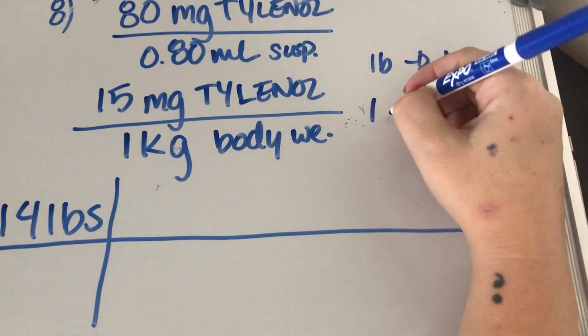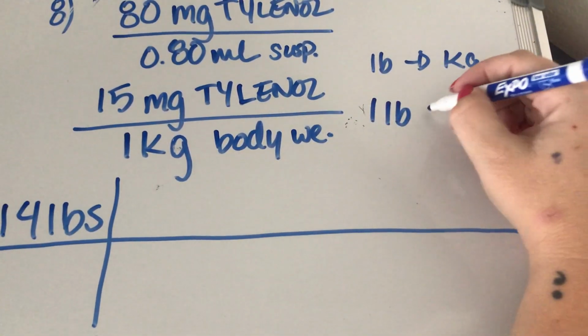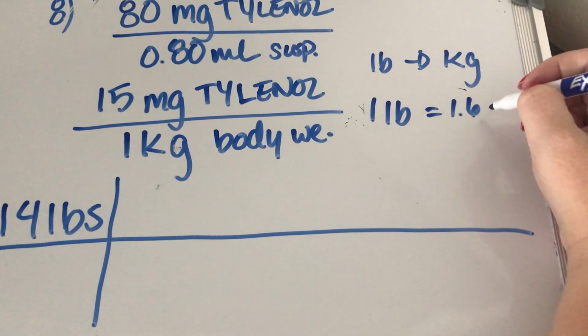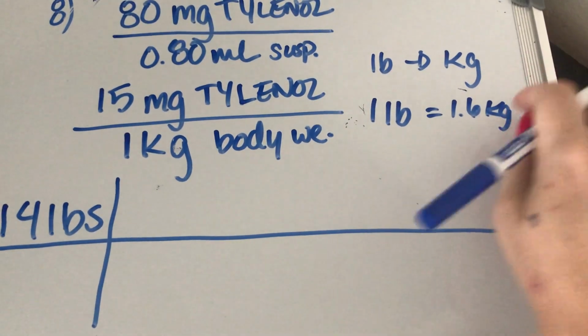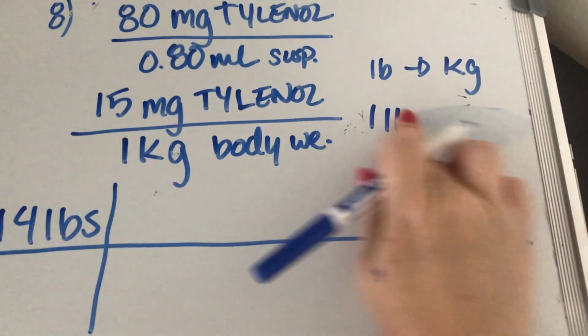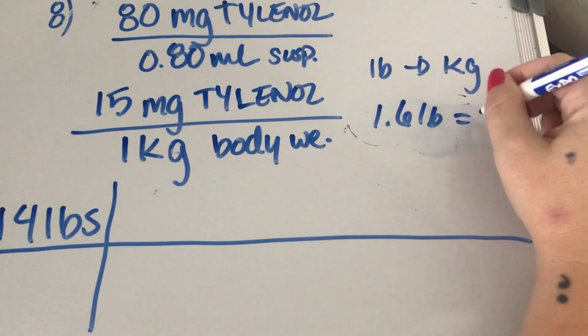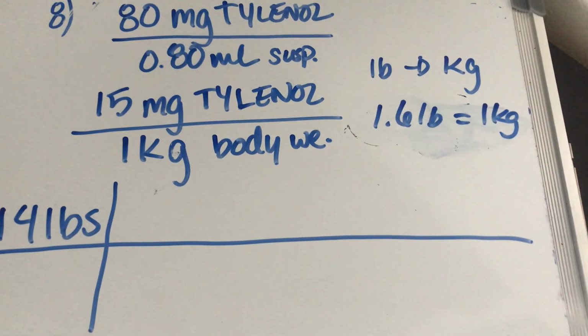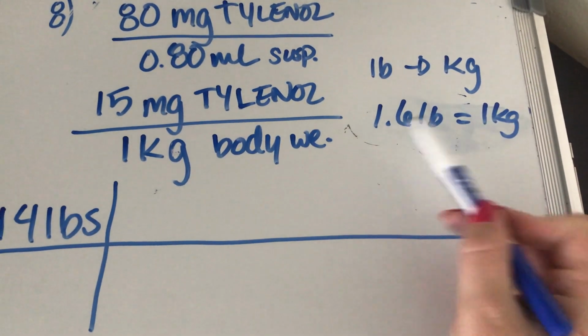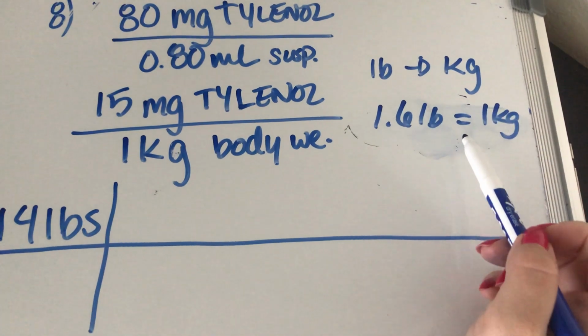So another way of saying that is 1 lb is 1.6. I'm sorry, vice versa. I keep switching these around on you guys. 1.6 lbs is equal to 1 kilogram. It's not exact, but it's in the ballpark. And again, you don't need to memorize these. You would be given these factors.